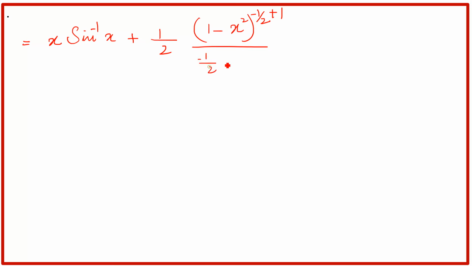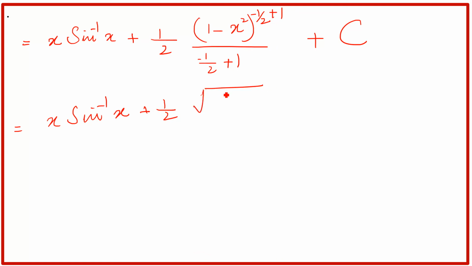Here, x sine inverse x plus 1 over 2 times 1 minus x square, add 1 to the power, minus 1 over 2 plus 1, and then the constant of integration. x sine inverse x plus 1 over 2, and it will be positive, so we can write it like this, same thing for 1 over 2, plus c.